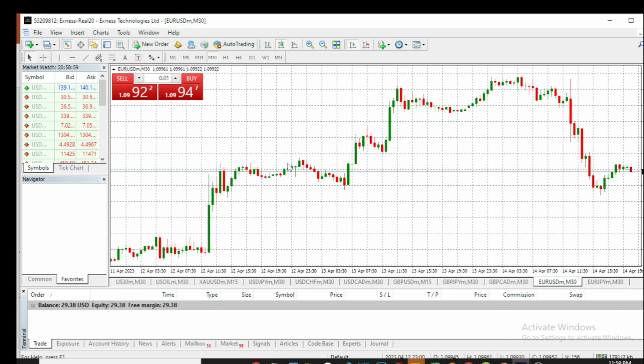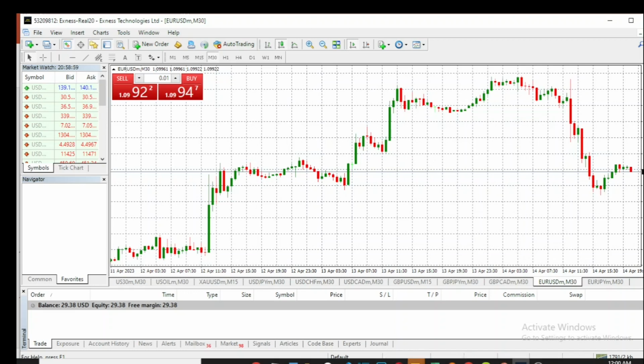The larger the lot size, the greater the value of each pip movement. For example, if a trader buys one standard lot of, let's say, Euro USD, and the price moves by 1 pip, like from 9922 to 9923, the trader will gain or lose $10.